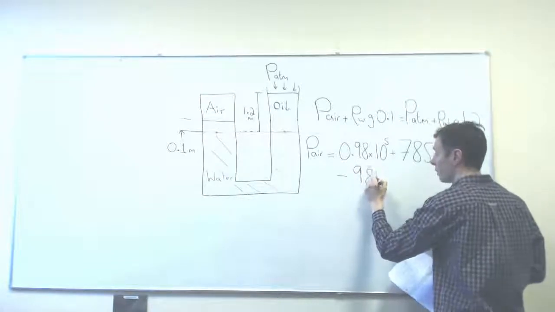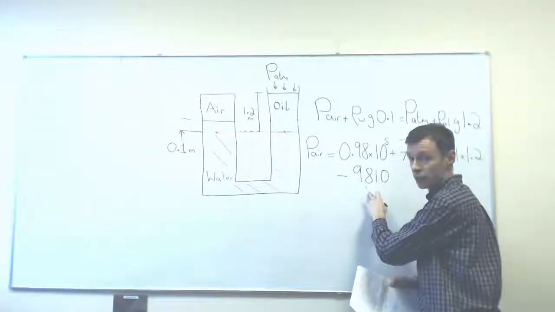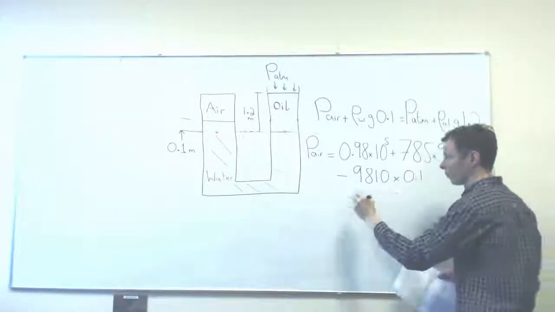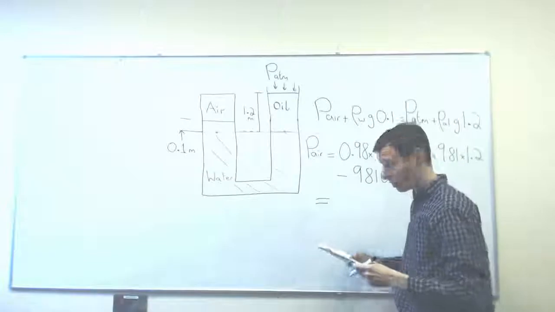So 9810, which is the density times G, times 0.1. That gives you the answer in the book.